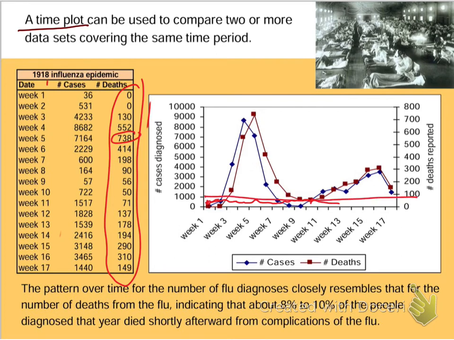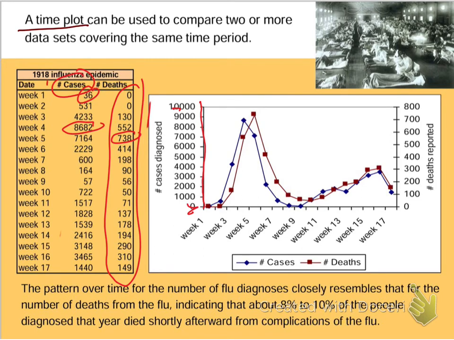So in order to make it more visible, we can use two y-axes, or two scales for the y-axis in a different way. So how can we use two scales? On the left side we can use one of the scales, which from 0 to 10,000, to represent the cases, because cases are from 36 up to 8,000 something, which is 9,000 or 10,000.